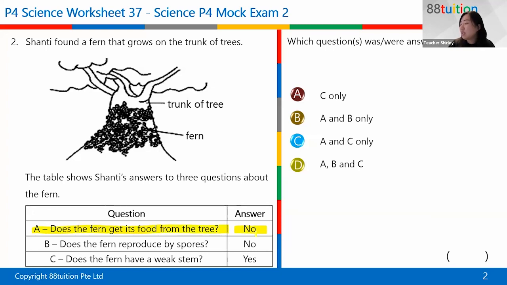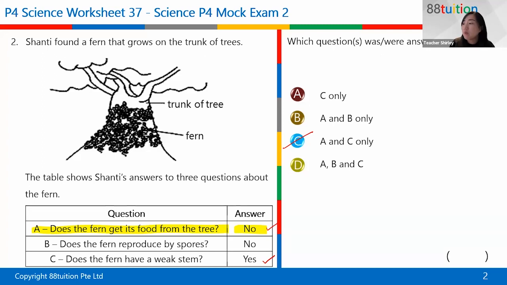Is the answer no? Is it correct? Grace? Your answer is C. Okay, let's see. That means you say that this question is answered correctly, and this question is answered correctly. Okay, does the fern get its food from the tree?